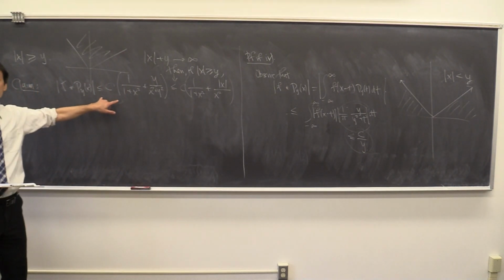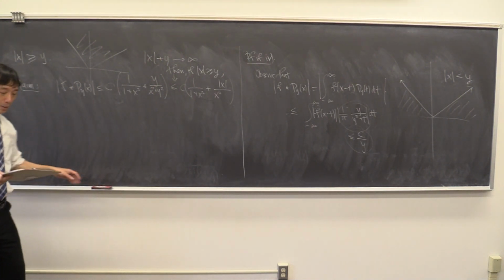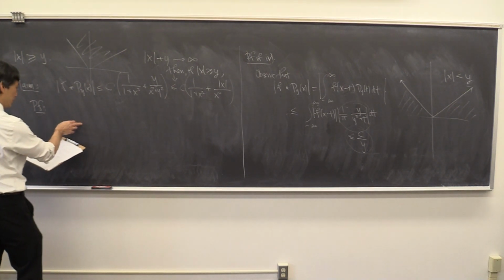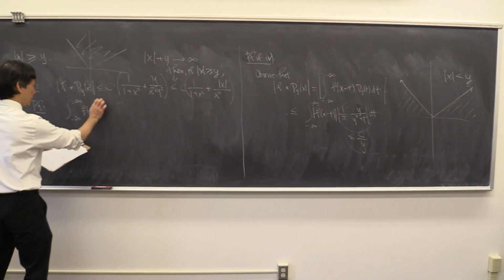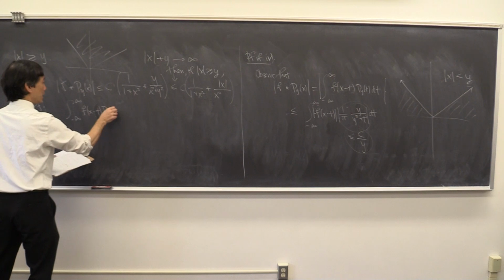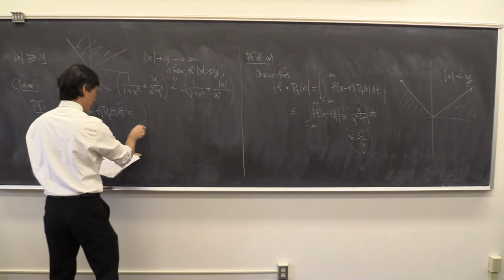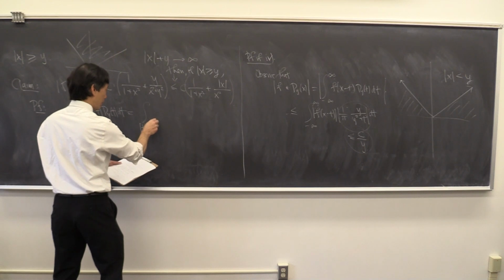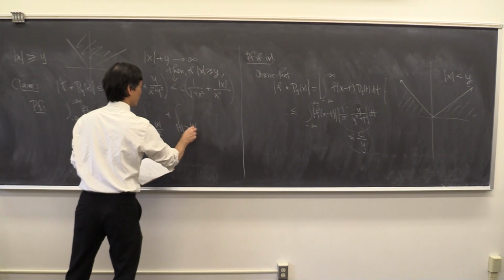So all we need to do is prove this estimate, and then we'll be done with that. To get this estimate, we break the integral into 2 parts. We've got f of x minus t, p sub y of t dt, and we break it into 2 parts: one where t is smaller than the absolute value of x over 2, and where t is bigger than the absolute value of x over 2.